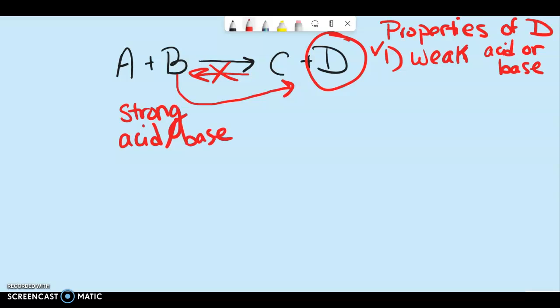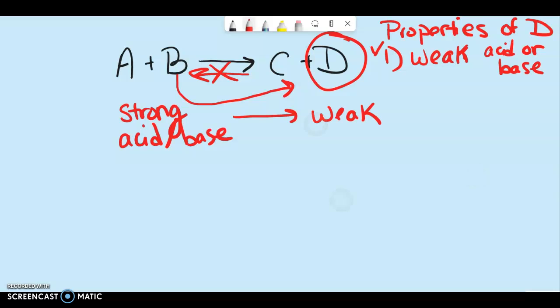Strong means they're very reactive. They're going to react to make something weaker. And if that thing is weak, then the reaction will go to completion, meaning that that weak thing is stable. So if you see a weak acid or base in your products, that's a good chance that that reaction is going to go to completion.